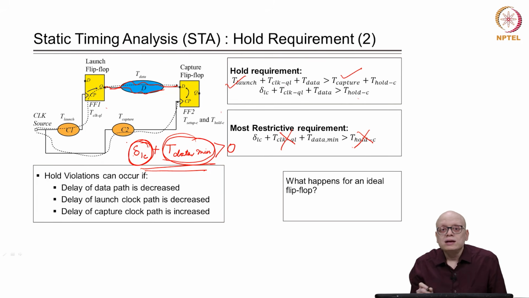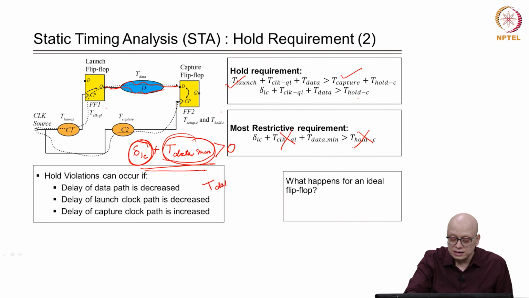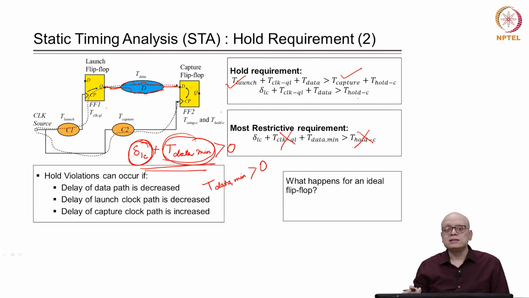If during logic synthesis we have assumed clock skew to be 0, as we typically assume for an ideal structure, then the hold time constraint just translates to T data min is greater than 0. This constraint is likely to be met most of the time, because there will be some delay on the data path.